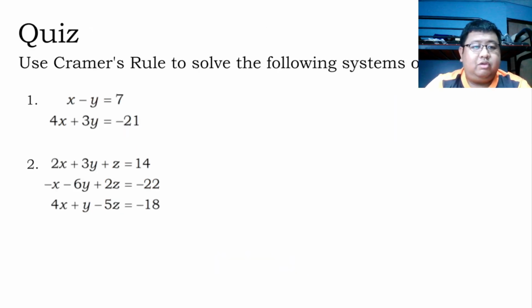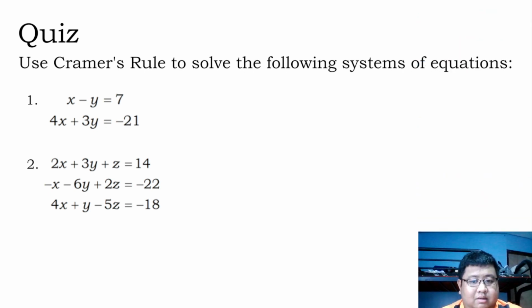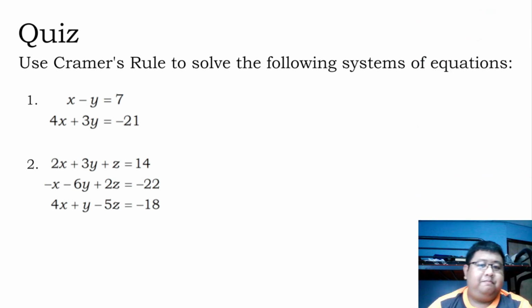Okay, so you're going to use Cramer's rule to solve the following systems of equations. The first system is x minus y equals 7, and x plus 3y equals negative 21.